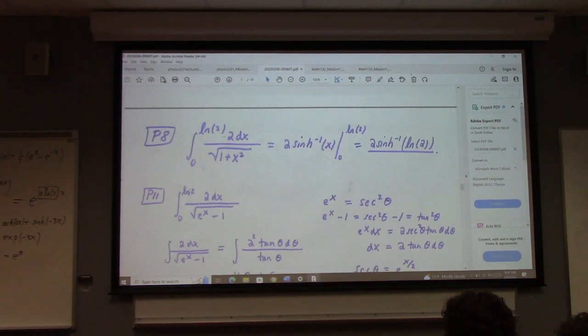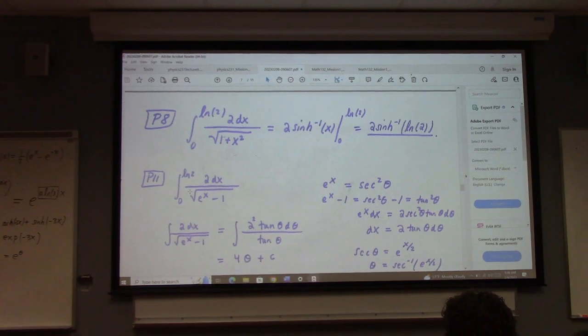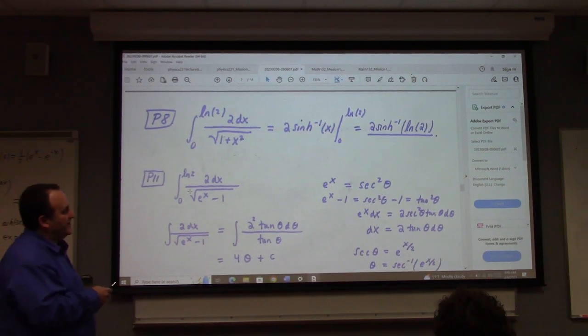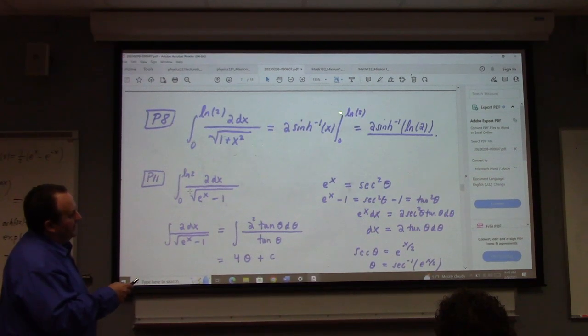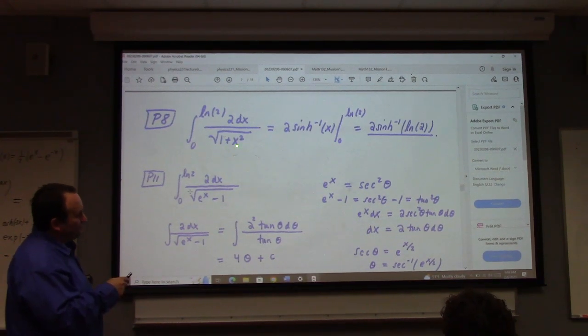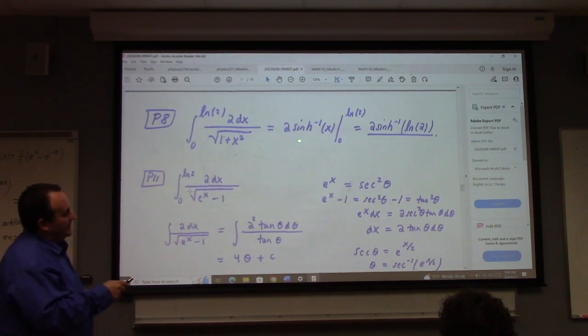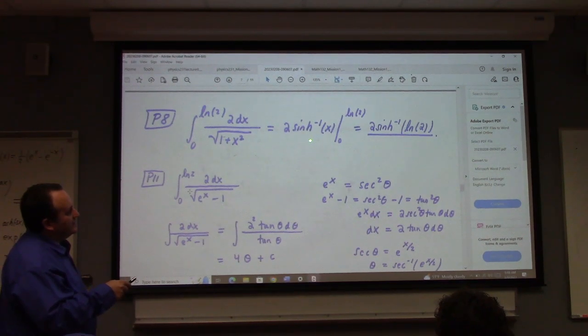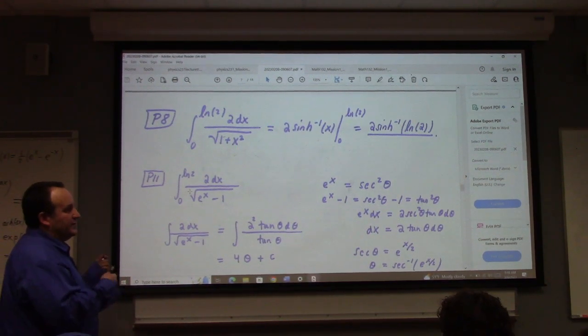All right, so problem 8 is actually an elementary integral, but it's one you might not have remembered. The derivative of inverse hyperbolic sine is 1 over the square root of 1 plus x squared. So this is just a straight up elementary integral if you know that. Now, there are 2 different ways you could go here.